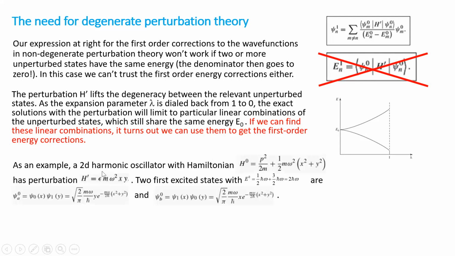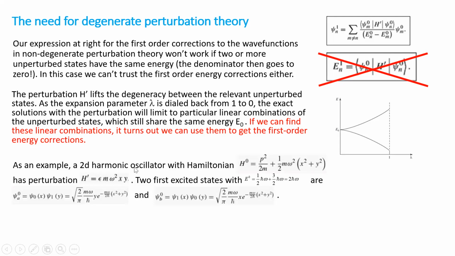We have a two-dimensional harmonic oscillator. It has a Hamiltonian H0 equal to p squared over 2m plus 1/2 m omega squared, where m omega squared is exactly k, times x squared plus y squared. So it's in the plane with x squared plus y squared being the distance squared from the origin.